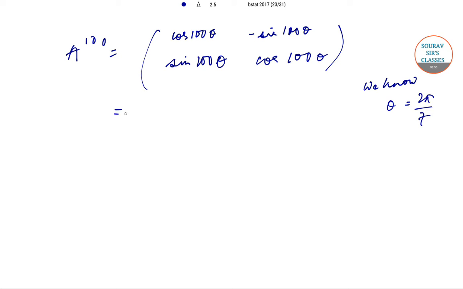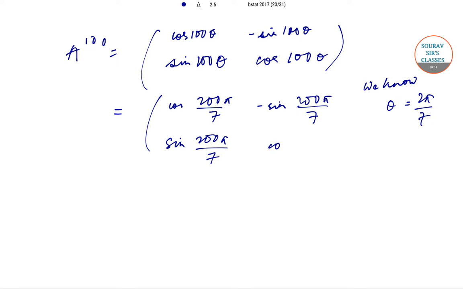So this implies that cos of 100 theta is cos of 200 pi by 7, minus sin of 200 pi by 7, sin of 200 pi by 7, cos of 200 pi by 7. So this is the matrix that we have got.